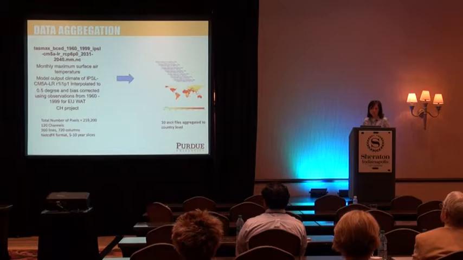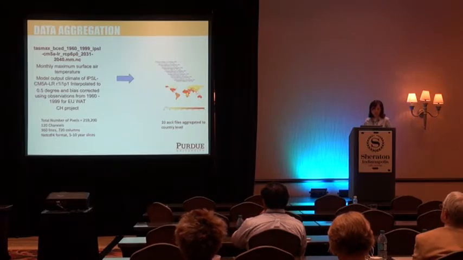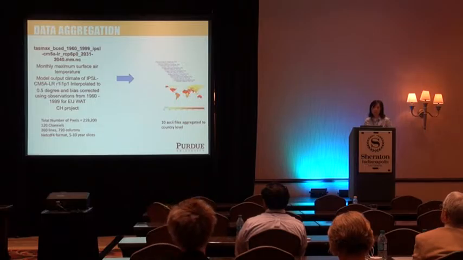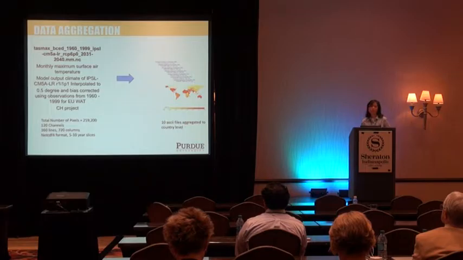It's generated using the IPSL CM5A LR climate model and under the RCP 6.0 condition, and then it's interpolated and bias corrected. So this data is in a binary format. It has 120 bands with 1 band for each month.